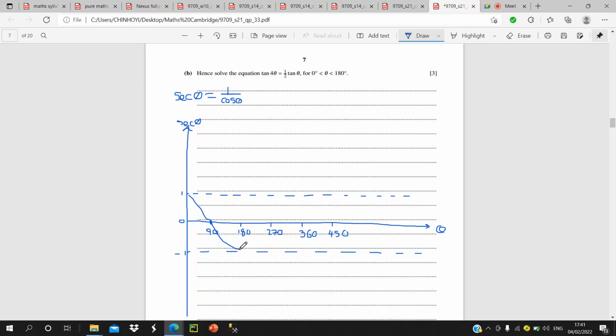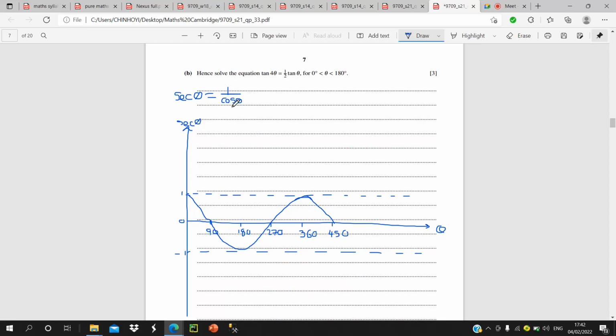So something like this. You do physics, right? It's a wave. Isn't this the graph for cos? Yes.